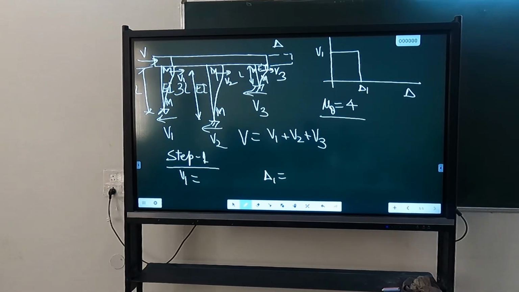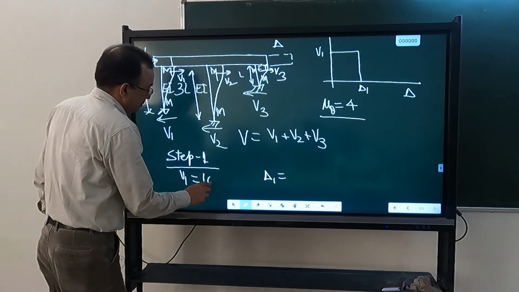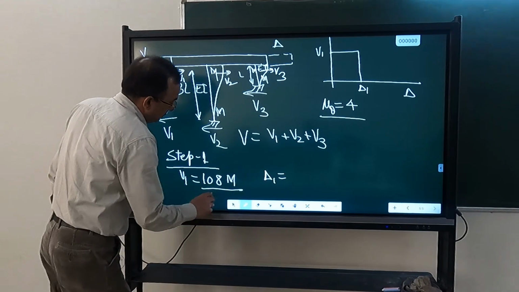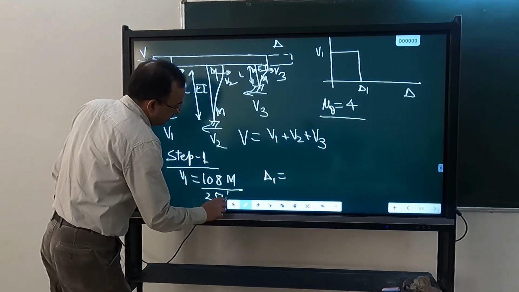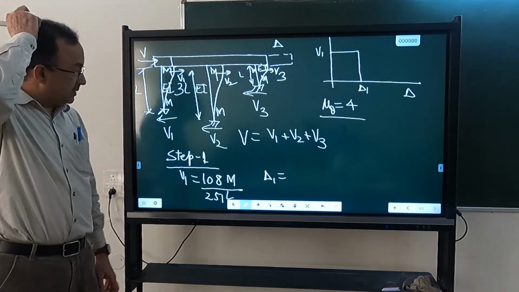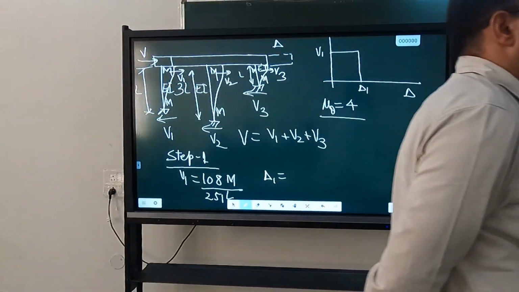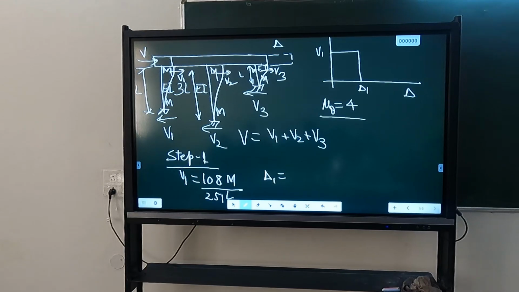Q1 corresponds to 108 M divided by 251 L. Okay, good. And how much is the corresponding delta 1? No, sir.